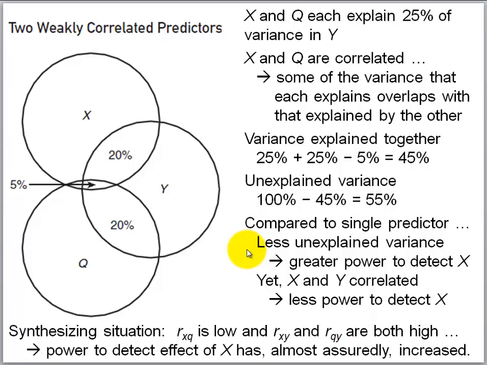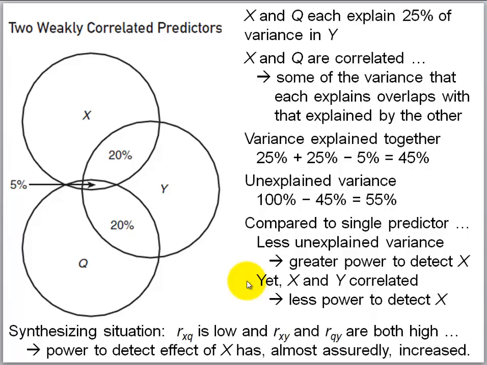So if we're wanting to detect the effect of X on Y, the fact that the unexplained variance has decreased, in other words, the haystack's gotten smaller, has the effect of increasing the power of a significance test to detect the effect of X on Y. Yet, in this diagram, X and Q are correlated. To the degree that two predictors are correlated, it actually becomes more difficult to detect their unique effect on a dependent variable.